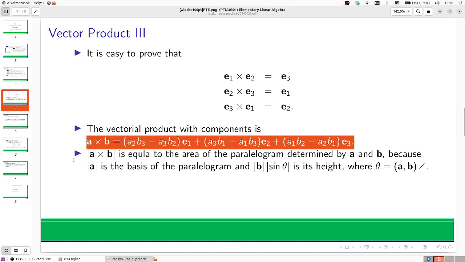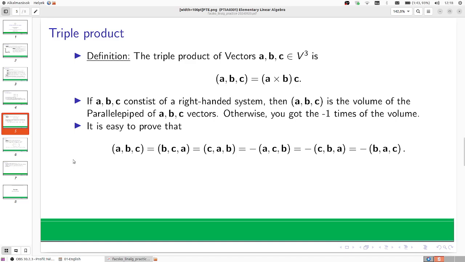But this is very important. This is how you will get the coordinates. It's easy to miss and make a mistake. I do it very often, perhaps not at the blackboard, but there is a chance. Yes? Okay. Triple product.